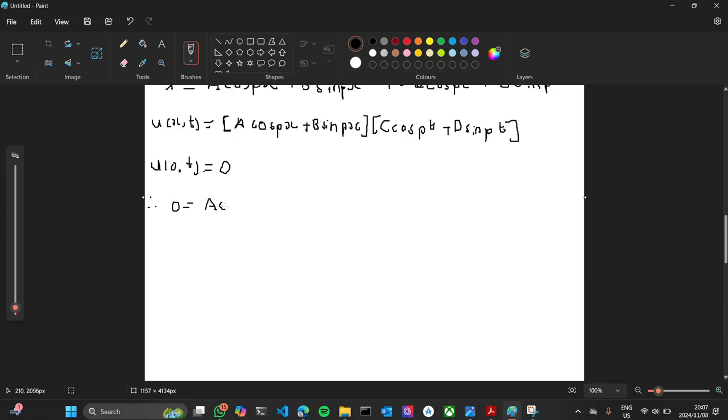a cosine px. Oh no, not x. X now is 0. And in fact, all of this will just tend to 0 because you're multiplying by 0. So let's not even bother writing p. 0. Alright. Plus b sine 0.